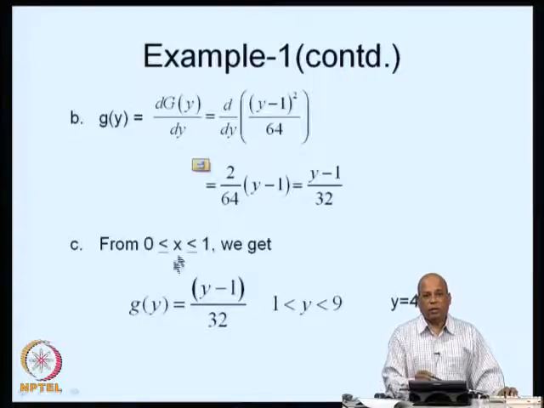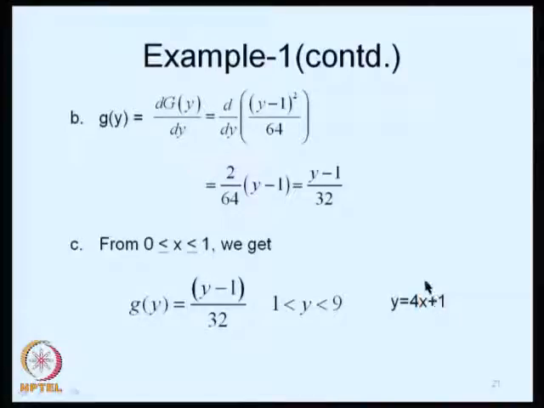So, our original variable x takes on values between 0 and 2, and y is equal to 4x plus 1 is a function. From this we get the limits of y as y varying between 1 and 9. Verify that within this region where y takes on values between 1 and 9, the function g of y is non-negative. If you put y is equal to 1, you get a 0 value.